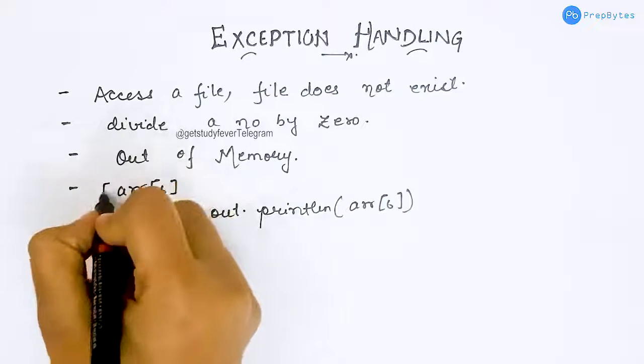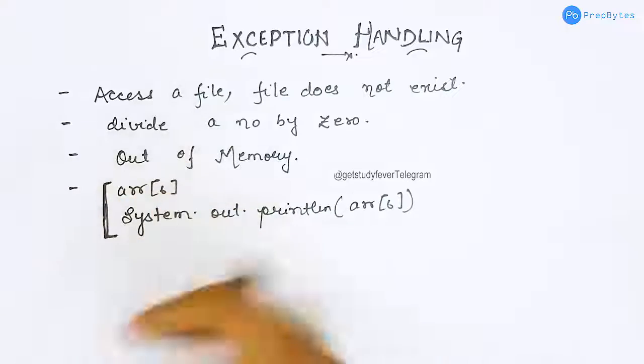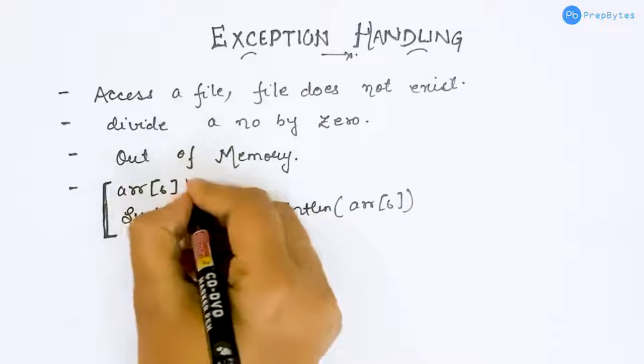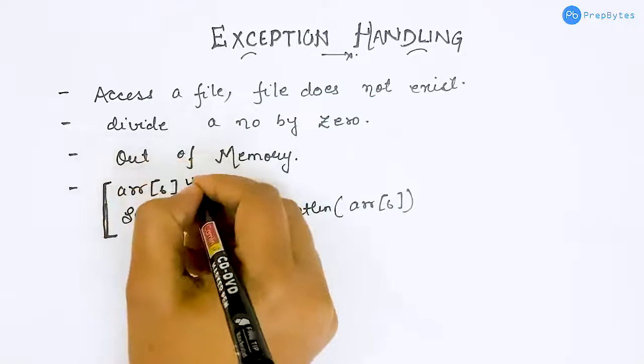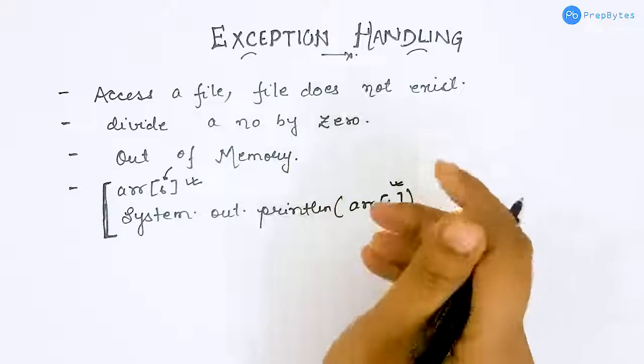Let me take this example and see what happens if we write something like this. I want you to go and try to write it down. You write code with an array that contains 6 elements and you try to print the 7th element.